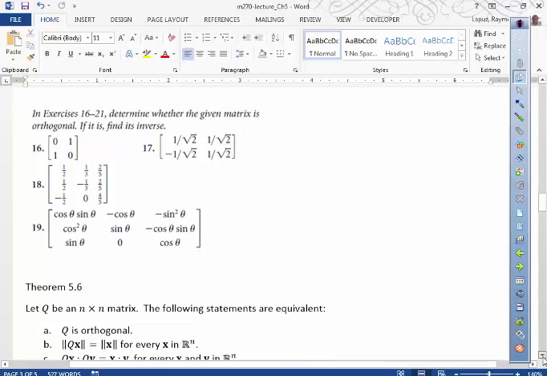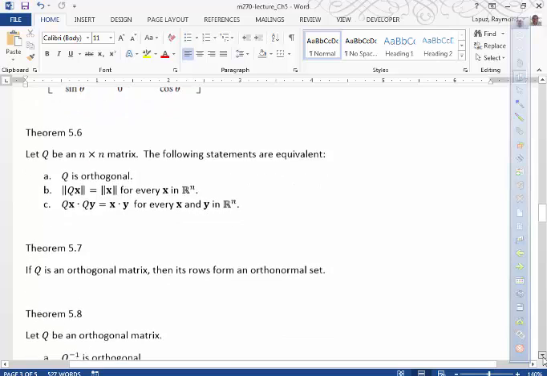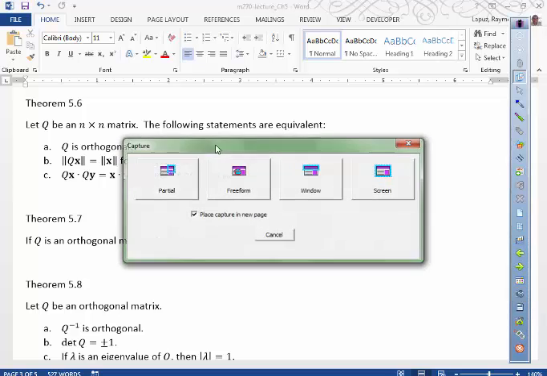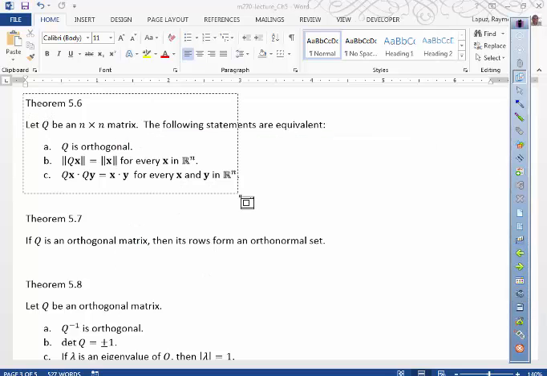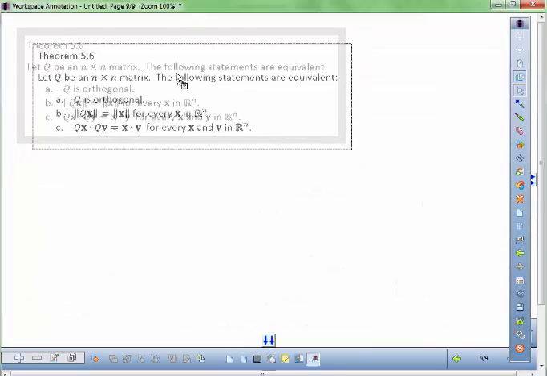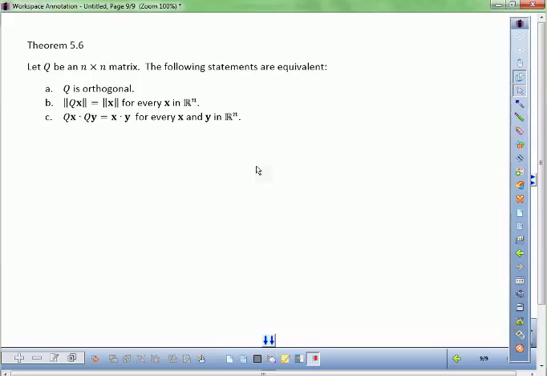All right, a couple more quick theorems. I don't know about quick, but a couple more theorems that find relationships between orthogonal matrices. These are theorems where the "following are equivalent" kind of business is a good way for us to check if something is orthogonal. Maybe there's another way to check if something's orthogonal.